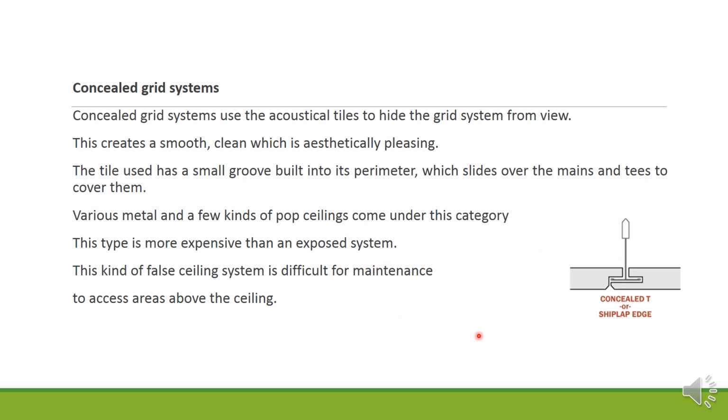Various metal and a few kinds of POP ceiling come under this category. This type is more expensive than the exposed system. This kind of false ceiling is difficult to maintain, as it is hard to access the area above the ceiling.